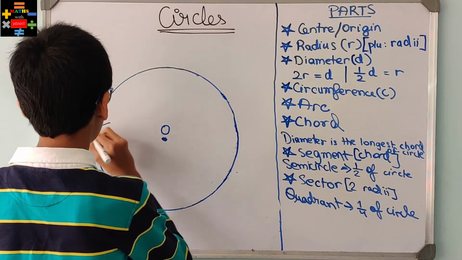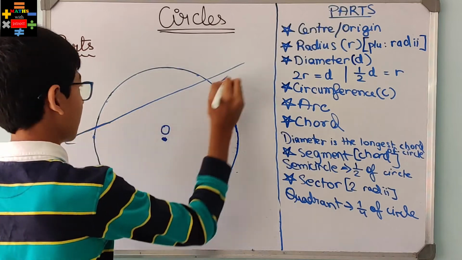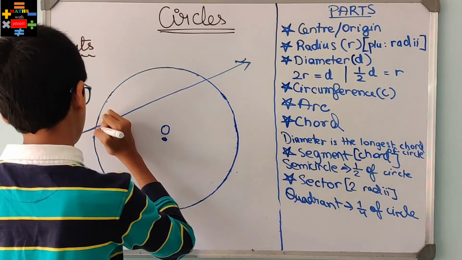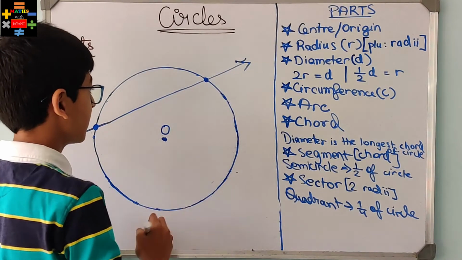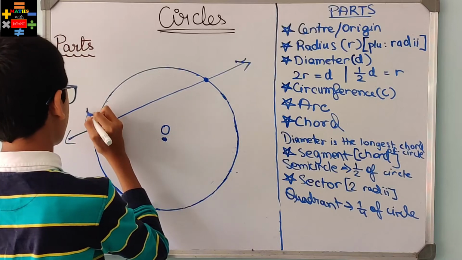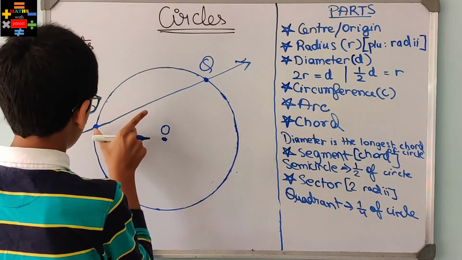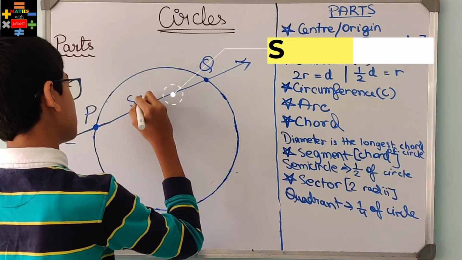It is coming inside the circle, goes outside the circle, okay? This is a line. It goes through the circle and it intersects the circumference at 2 points, right? Let us give them names P and Q. So therefore this line PQ is going to be called a secant.